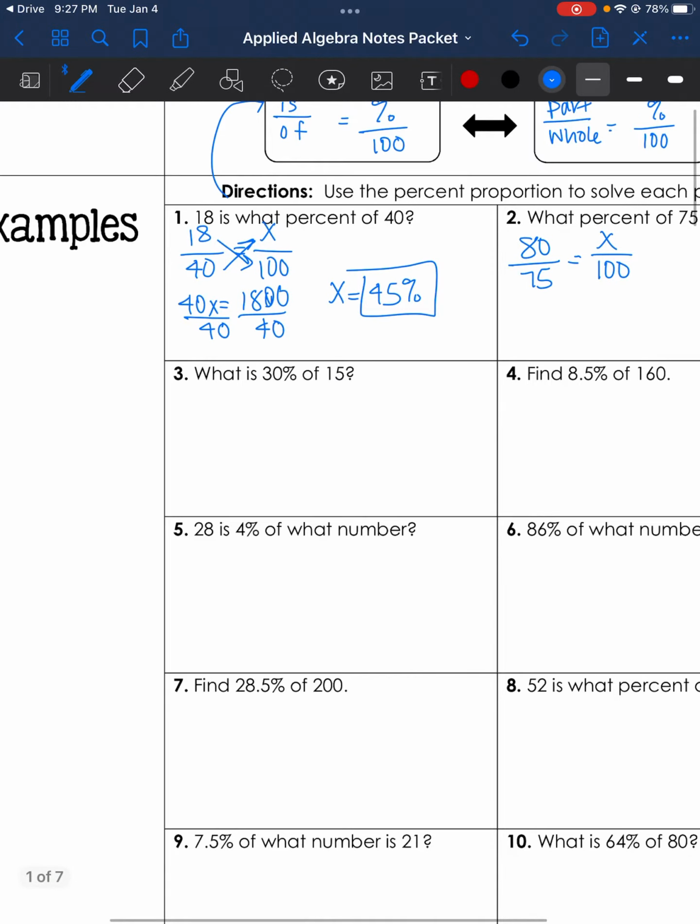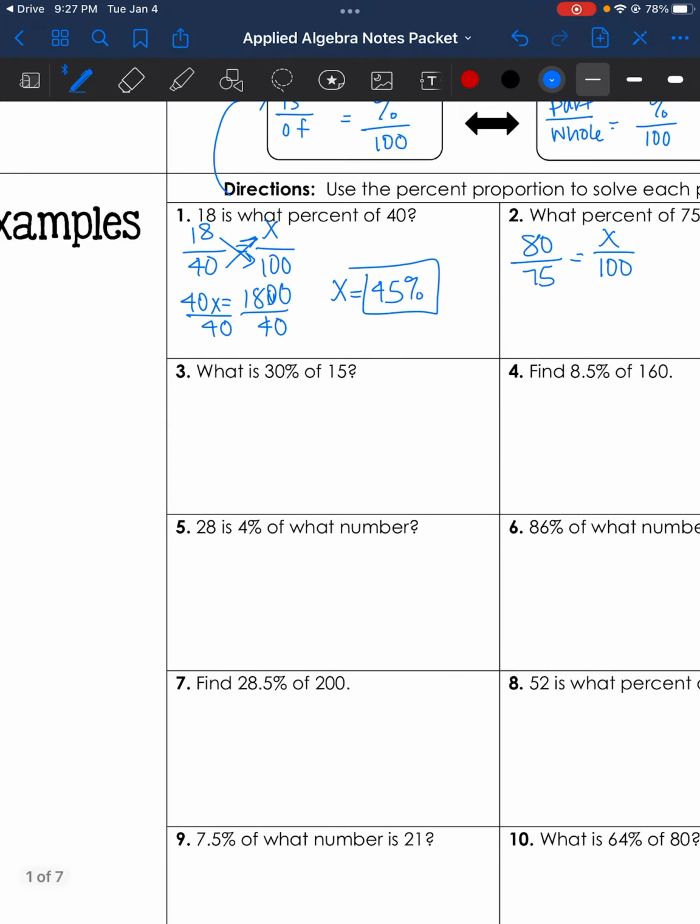Okay, let's take a look at number 3. What is 30% of 15? What is the "is" part? We don't know what the "is" is. That's on top here, so we're going to say x over 15. So 15 is going to be in the denominator here. Our 30 is going to go on top because it's 30% out of 100.